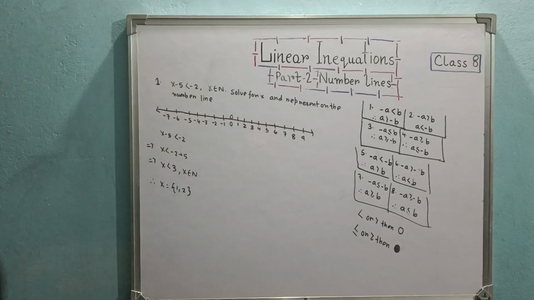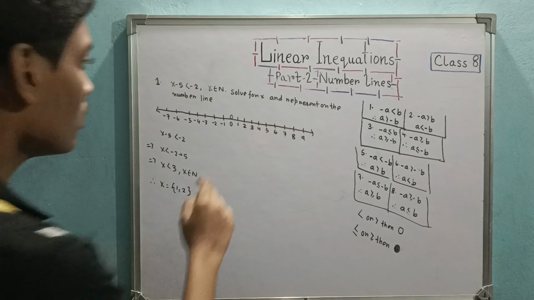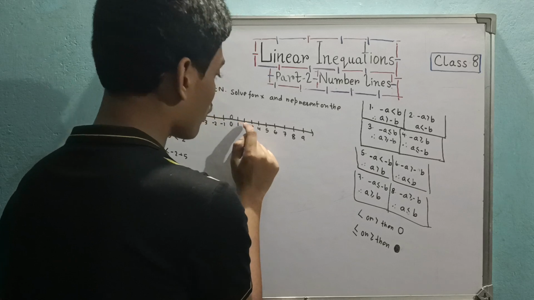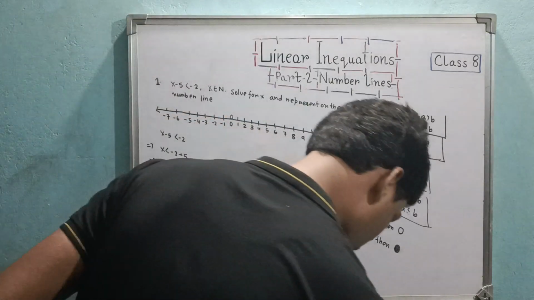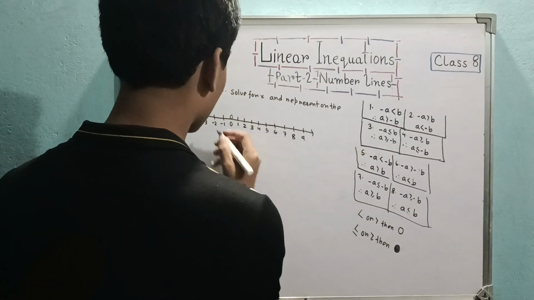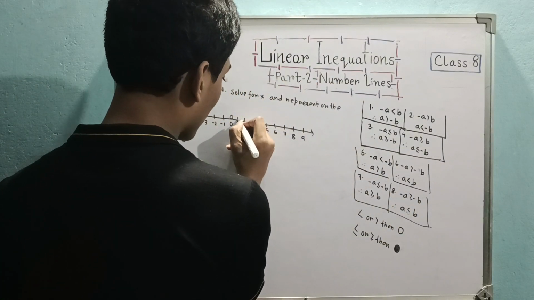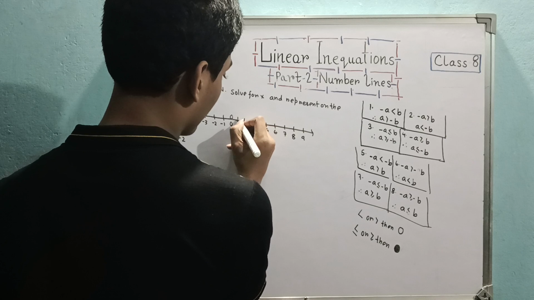And what you have to do is represent this 1 and 2 on the number line. That's all. Now what did I tell you? For a finite number of elements for x, you have to separately put dots on those numbers to specify them. Okay, so let's do that. So 1, 2, right?